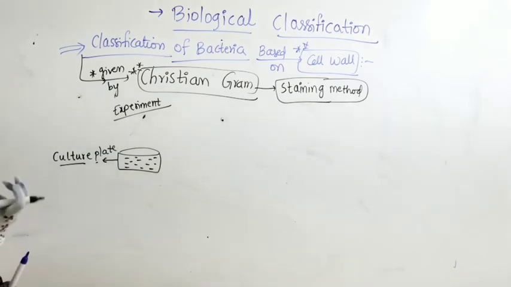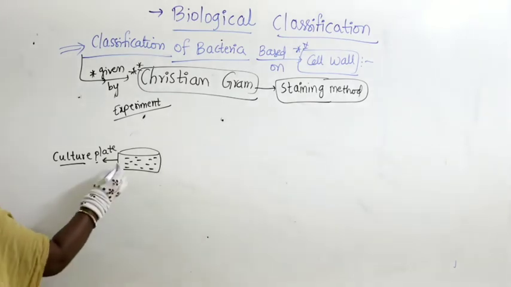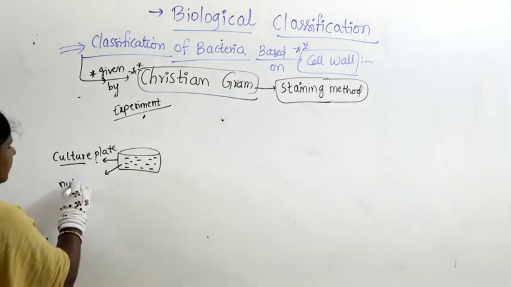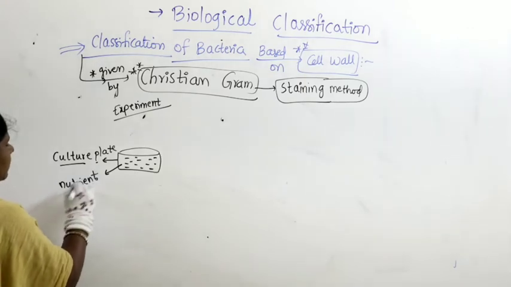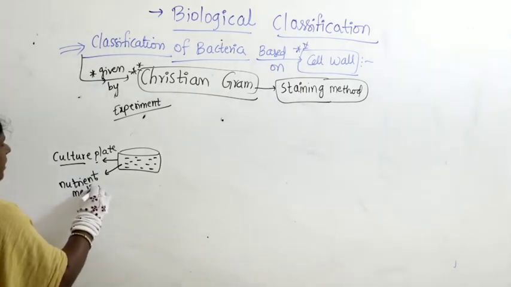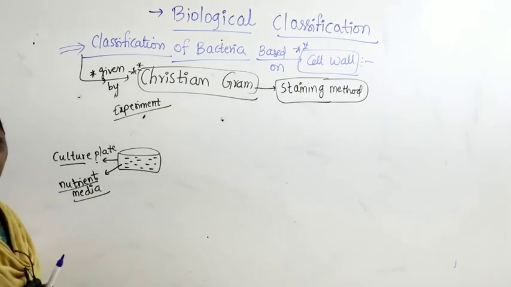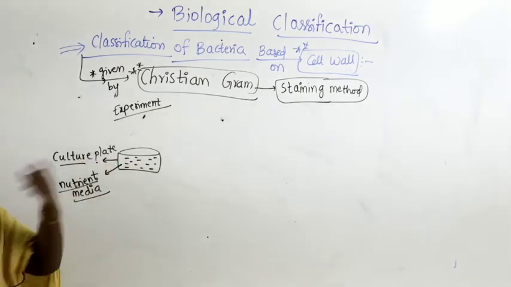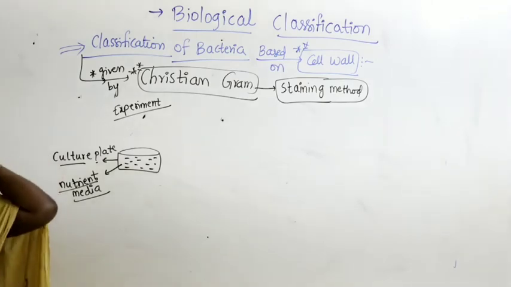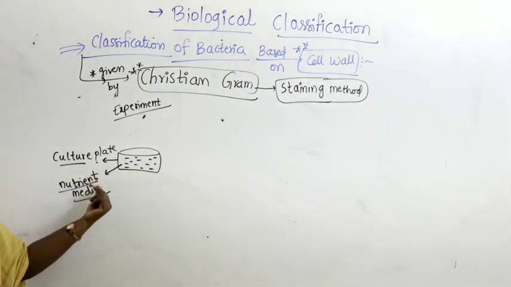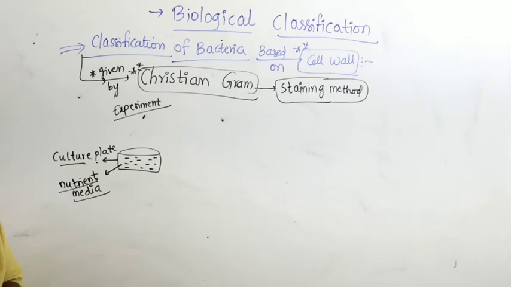It is a small round glass plate with a closed lid, which you can see in the lab in your higher classes. In the culture plate we add nutrient media, meaning we add nutrients for the growth of microorganisms, especially bacteria.